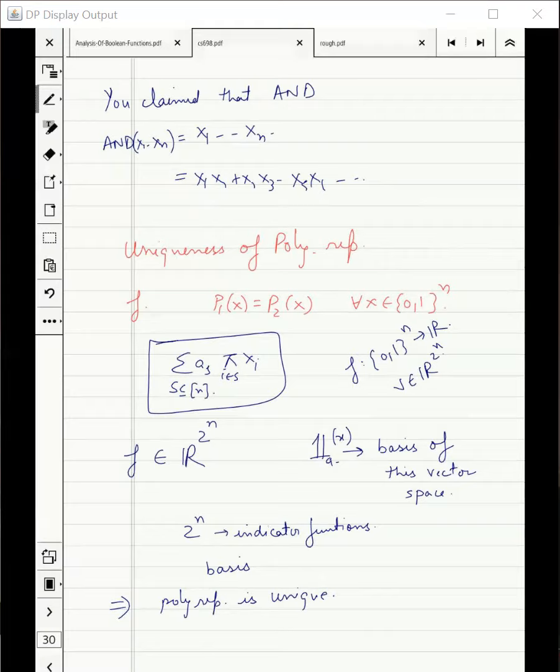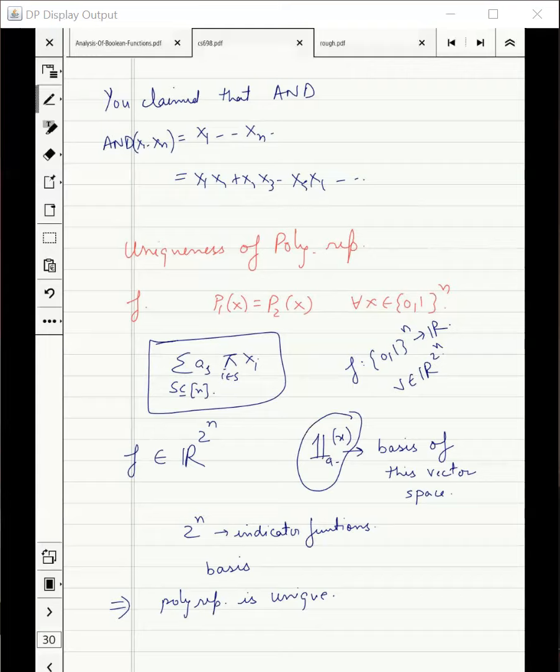Agreed. Now, given a vector in R to the power 2 to the power n, I am going to write it in terms of a basis, correct? So what is the basis? This I_a(x) is going to be the basis. But how are the 2 to the power n basis vectors independent?